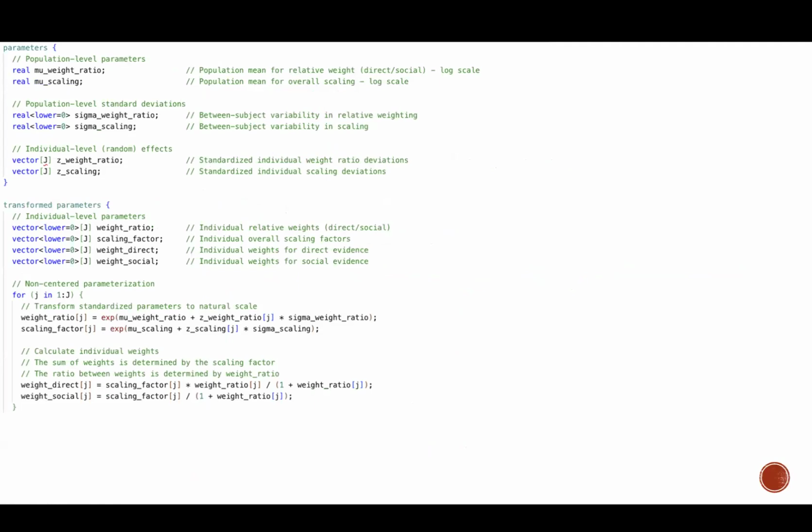When instead we look at the multi-level weighted agent, what we have is not just the mu scaling, but also the mu weight ratio, which means that we need two different standard deviations, the sigma weight ratio and the sigma scaling, and two separate vectors: the standardized weight ratio for that participant and the standardized scaling factor for that participant.